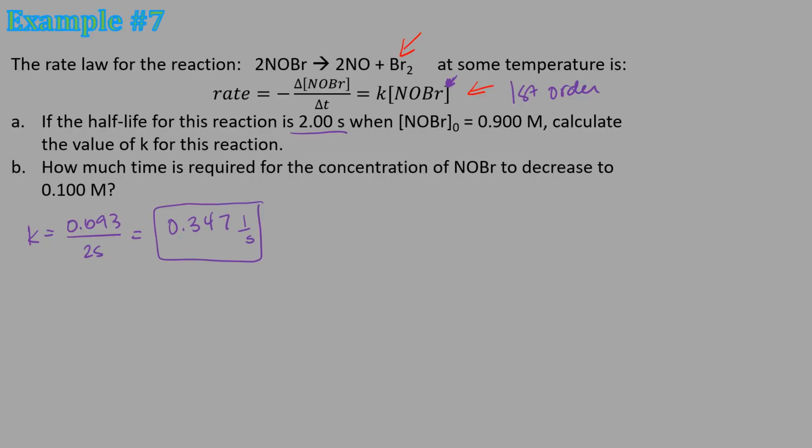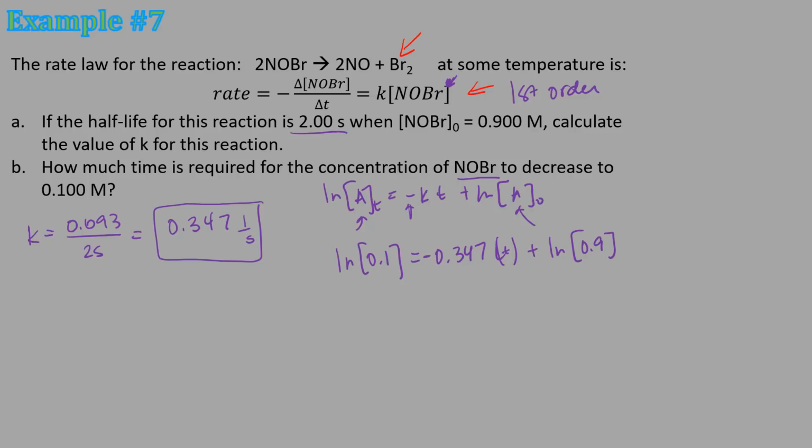And then how much time is required for the concentration of NOBr to decrease to 0.1? So we're going to use the integrated rate law and plug everything in. So my A at time t is going to be 0.1, and my initial is going to be 0.9. So the natural log of 0.1 is equal to negative 0.347, and that has to be negative, times the amount of time that has to pass, plus the natural log of A naught of 0.9.